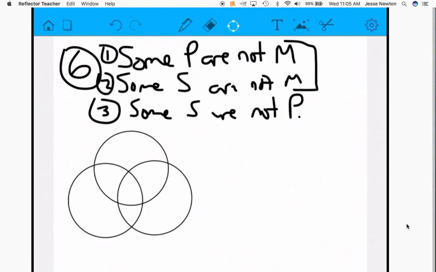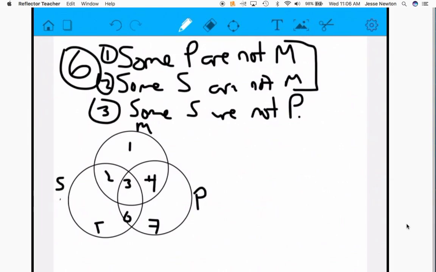Let me label these S, M, and P, and then number our regions 1, 2, 3, 4, 5, 6, and 7. You're typically supposed to begin with the universal premise because that provides a little more concrete information. It's just for practical reasons we typically begin with the universal premise.